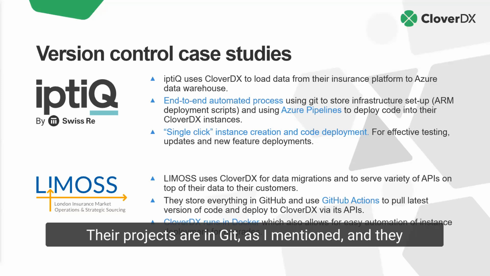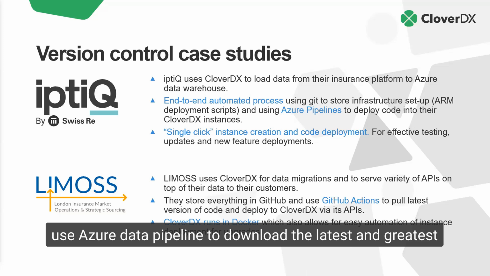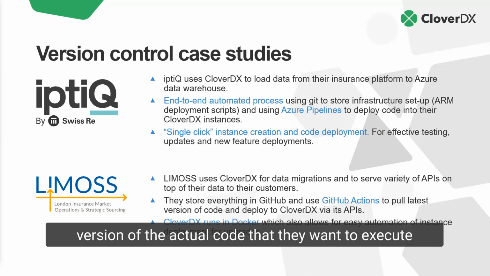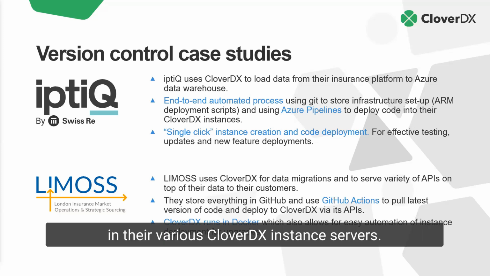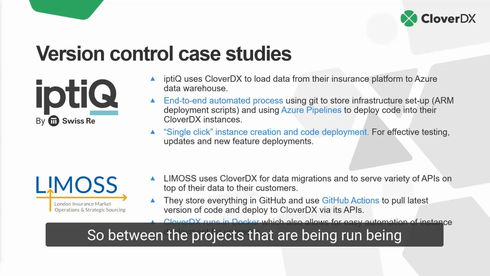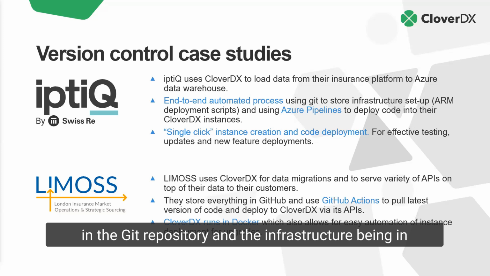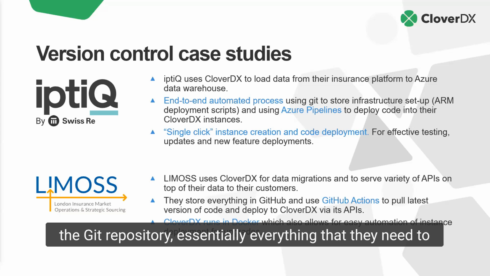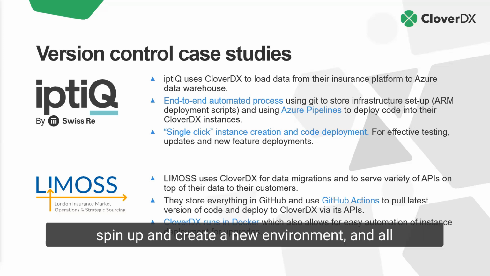Their projects are in Git, as I mentioned, and they use Azure Data Pipeline to download the latest and greatest version of the actual code that they want to execute in their various CloverDX instance servers. So between the projects that are being run being in the Git repository, and the infrastructure being in the Git repository, essentially everything that they need to spin up and create a new environment and all of the logic that they want to run on that environment is stored in the Git repository.